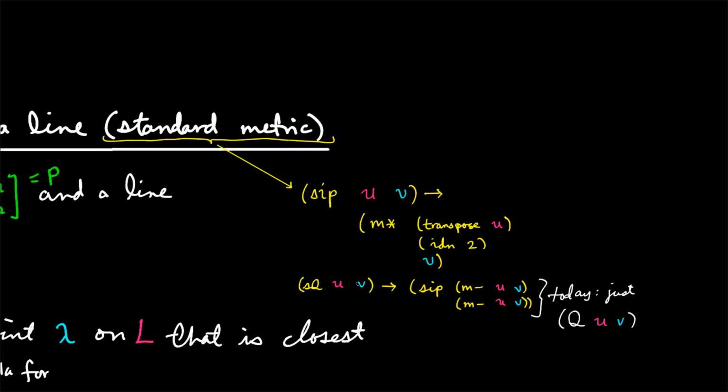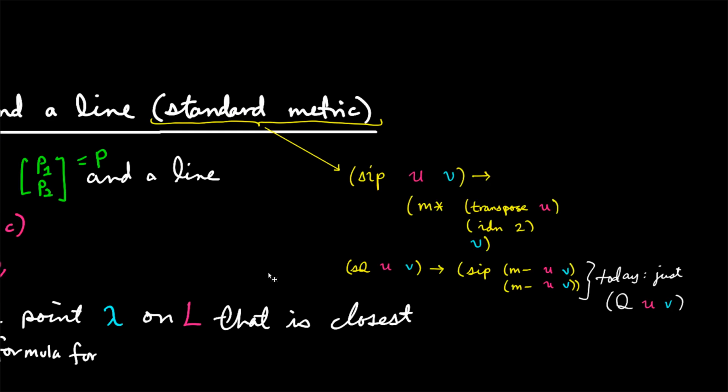And I remind you, quadrance is, in our rational framework, which I stole from Wildberger, our way of measuring the separation between points, and spread is our way of measuring the separation between lines. And today I'm just going to call this the quadrance between u and v.